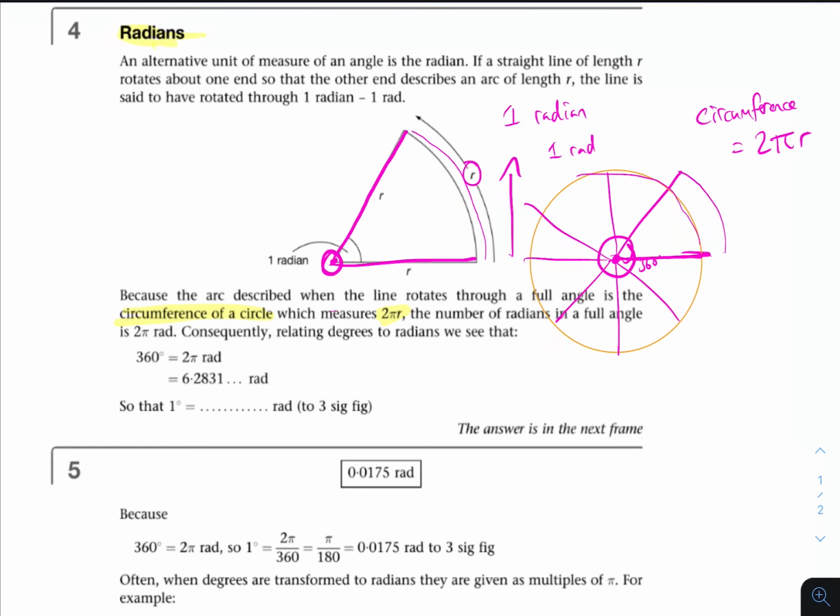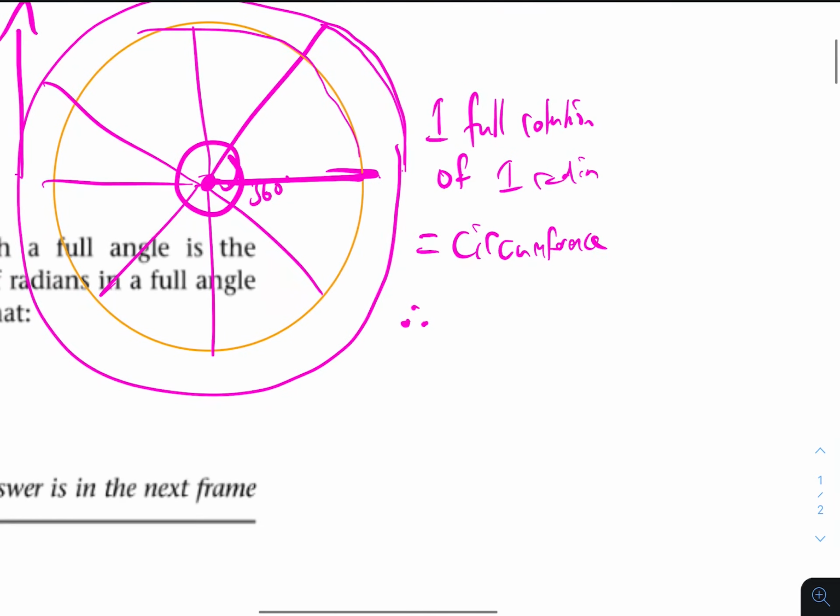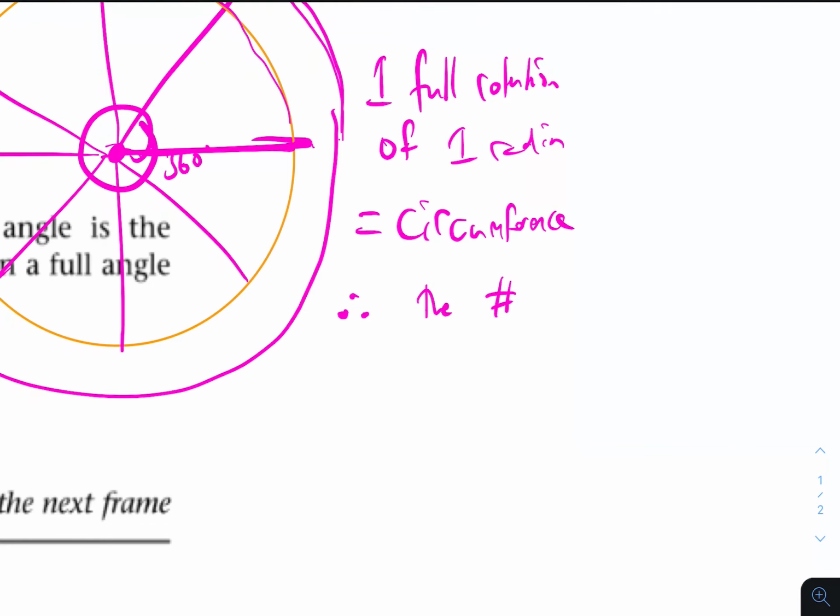Cool. So that means that if you rotated a radian all the way around here, and so one full rotation of 1 radian is equal to the circumference, then therefore the number of radians in a full circle is what? 2 pi radians.